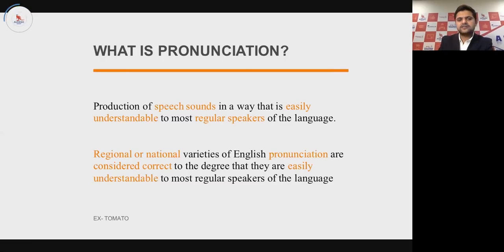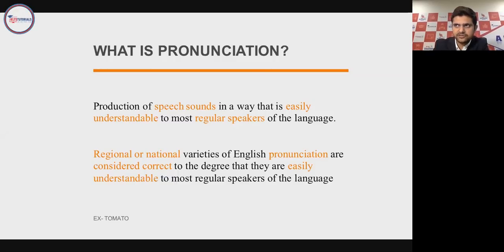And pronunciation can be summed up in a way. We can say that pronunciation essentially means that you have to speak in an easily understandable way that most of the regular speakers are able to understand. So the sounds that you make should be easily comprehensible. And the regional and national varieties of pronunciation are considered correct.